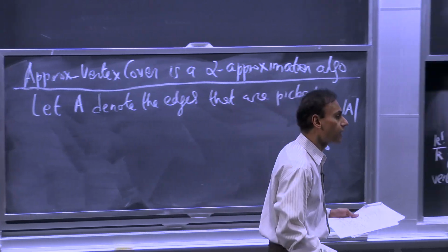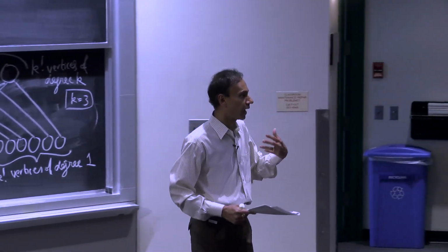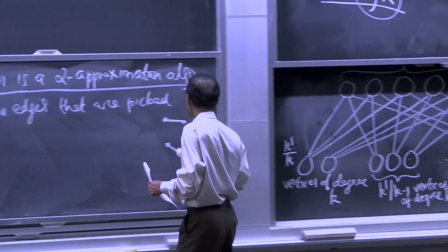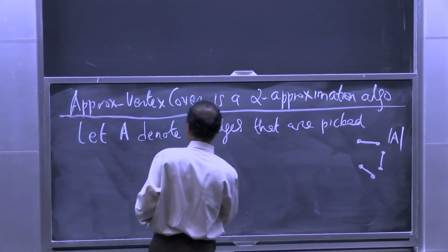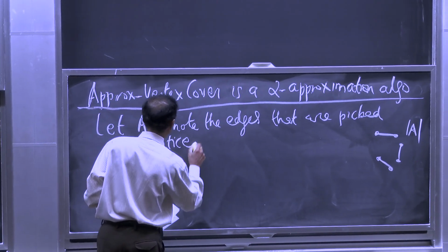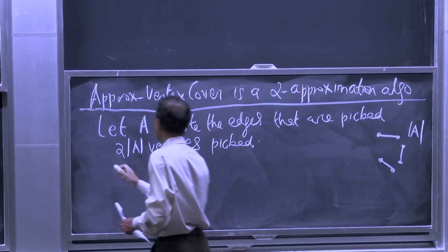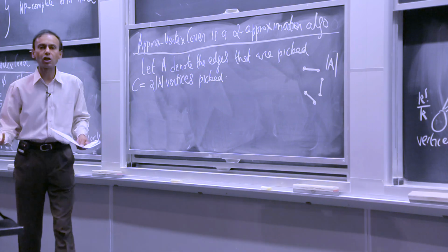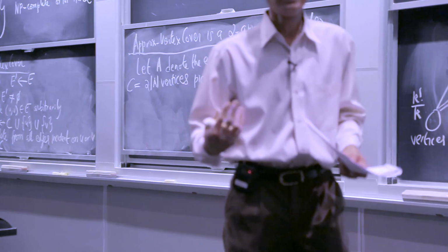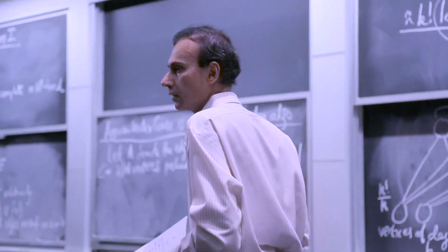I know that in my vertex cover, obviously, I have to pick vertices that cover all the edges. Now I'm picking edges, and what's happening, of course, is that I'm picking 2A vertices. So remember my cost was C, and I had C opt that corresponds to the optimum cost, and so the cost that this algorithm produces is 2 times A, right?